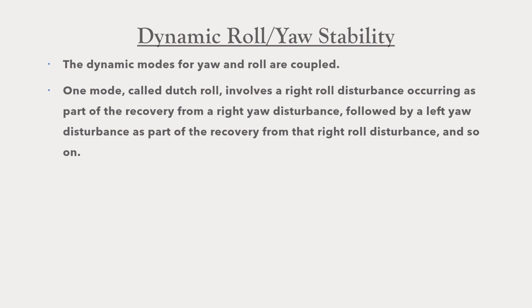This involves, if you have a right roll, then part of that right recovery will end up causing a little bit of a right yaw disturbance, and then that recovery from that right yaw disturbance actually causes a little bit of a left roll, and the process goes back and forth a little bit.